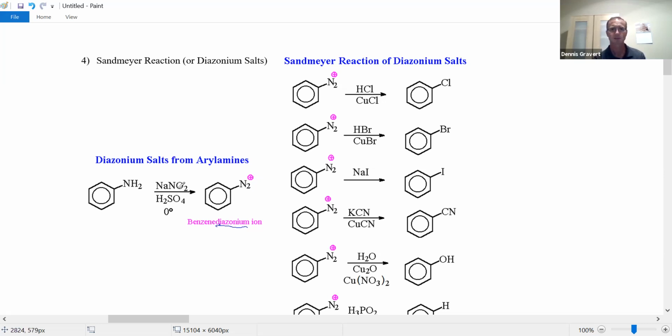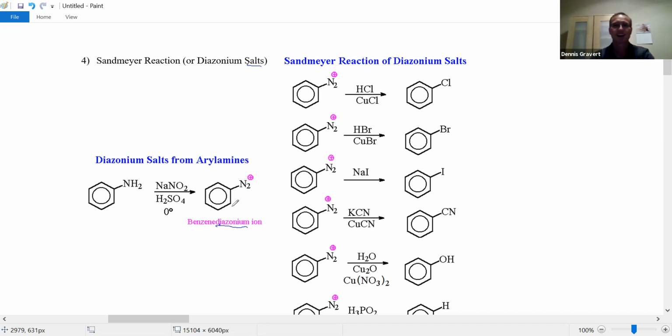In this case, it's probably sulfate. Will be that negatively charged anion of the salt. So if in the homework set, it says, hey, use a Sandmeyer reaction to create the following molecule, or if it says use diazonium salts to synthesize a certain molecule, then you know it's referring to this series of reactions.